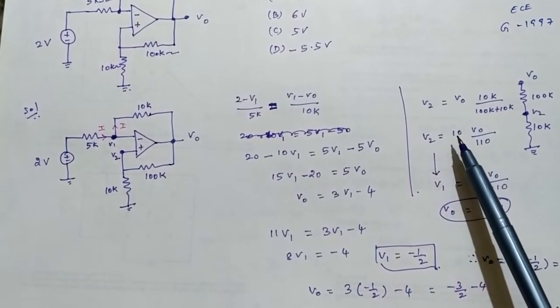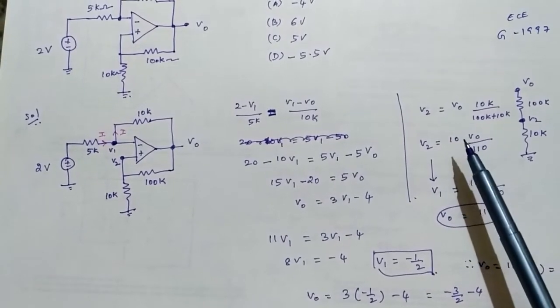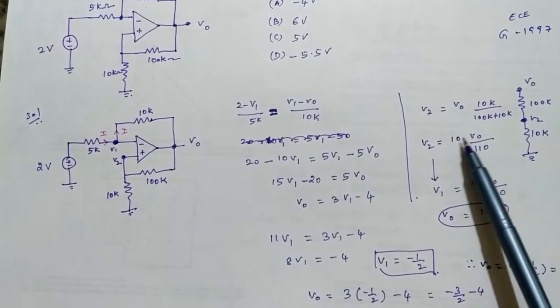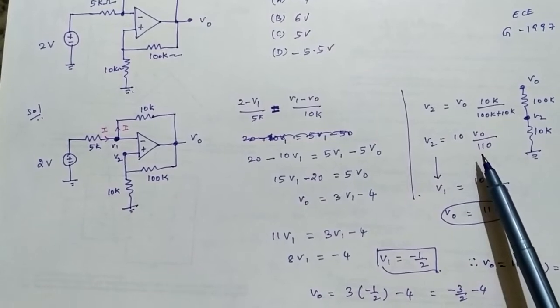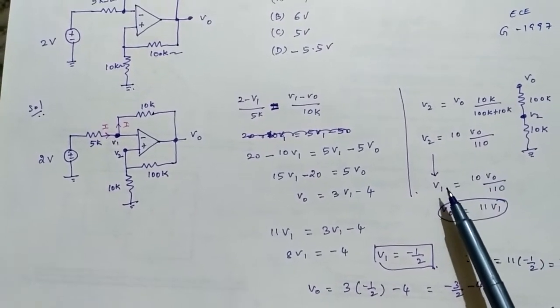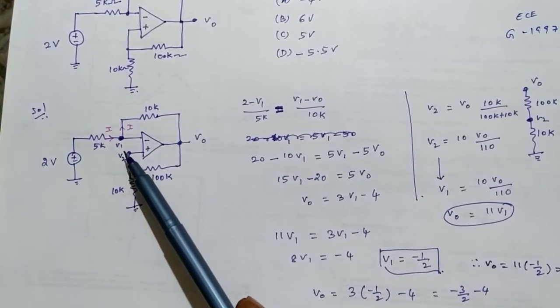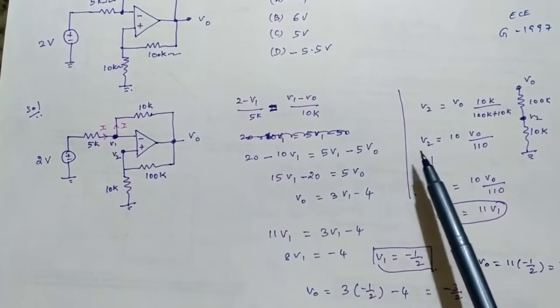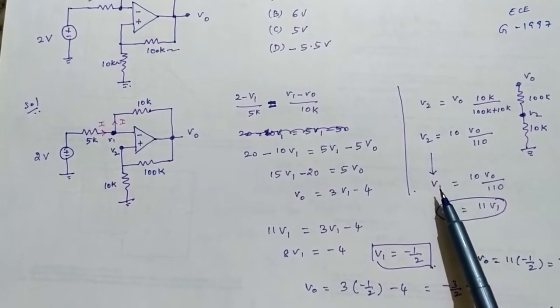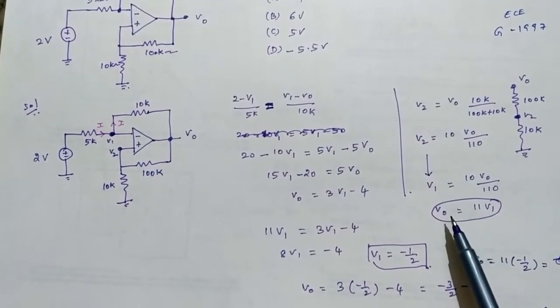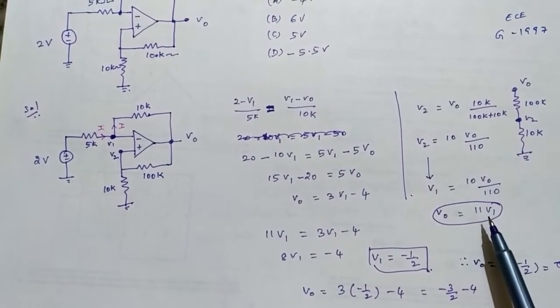So V2 is equal to 10 V0 divided by 110. For any ideal op-amp, V1 is equal to V2. So V2 is replaced by V1, and the output is equal to 11 times V1.